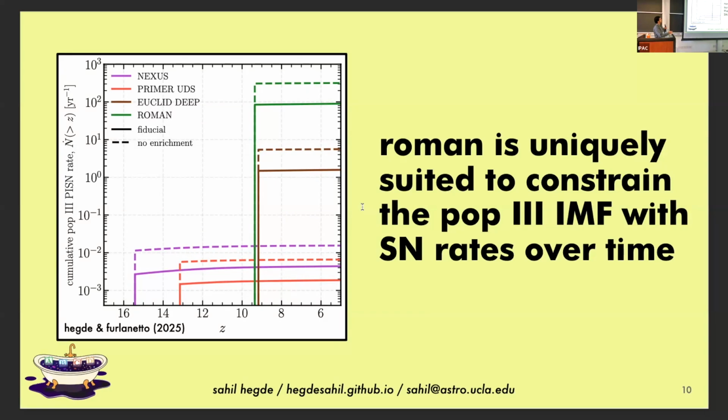If we then instead look at wider field surveys like Euclid or Roman, as was mentioned earlier today, we may be able to see tens or maybe, if we're lucky, hundreds of POP3 supernovae in this sort of reionization era. And if and when we're able to measure these, then we can start to use them to pin down the POP3 star formation efficiency, IMF, and so on.